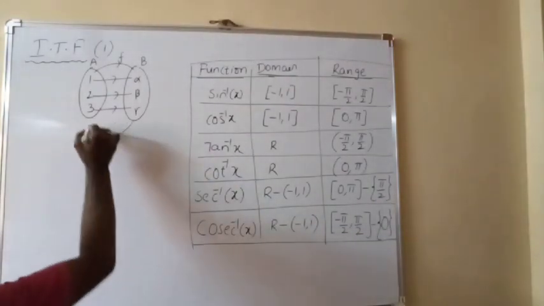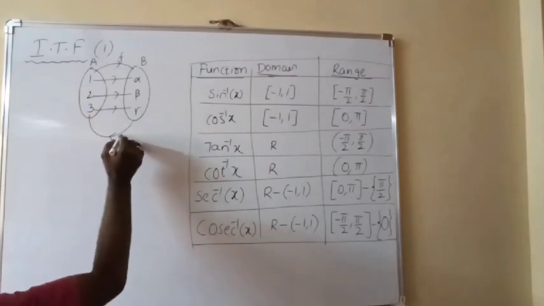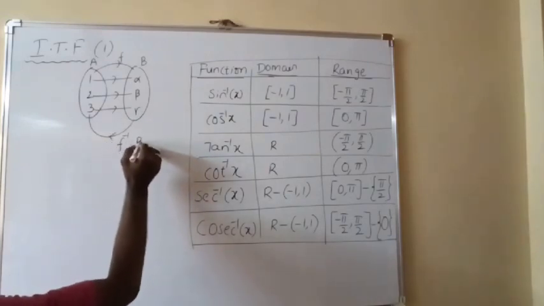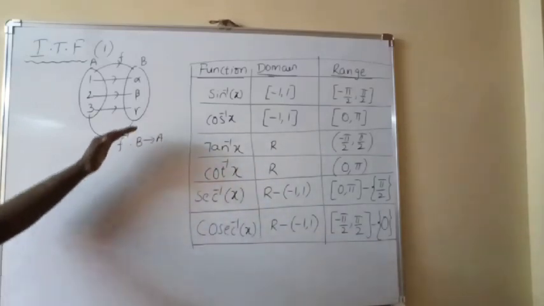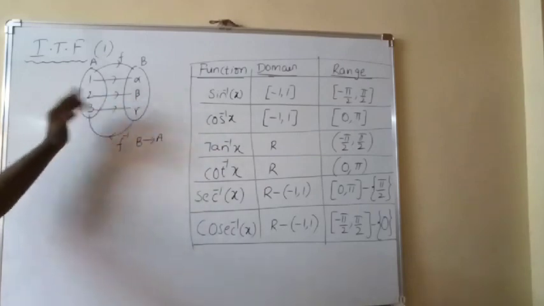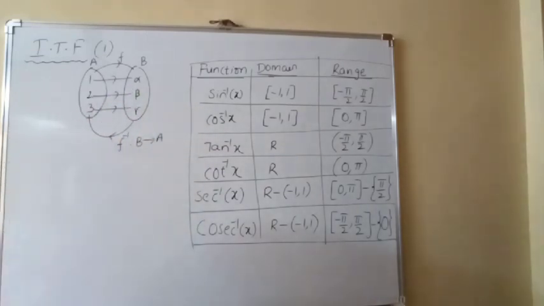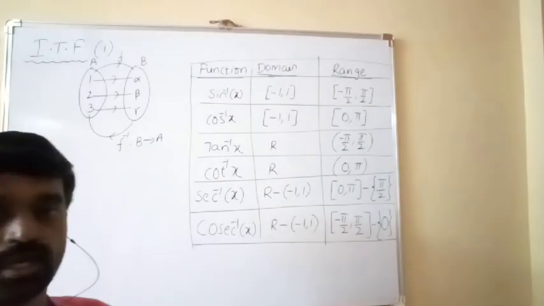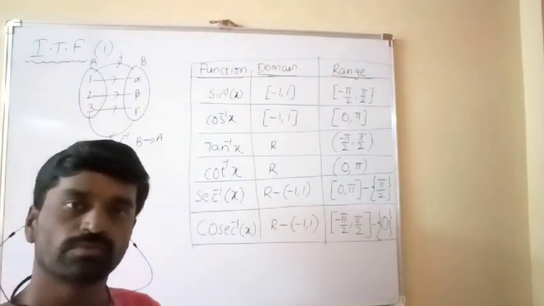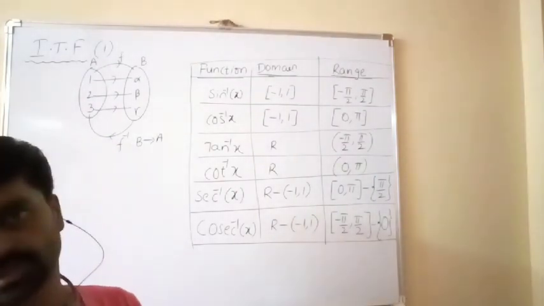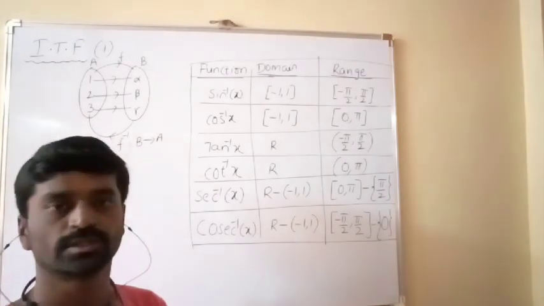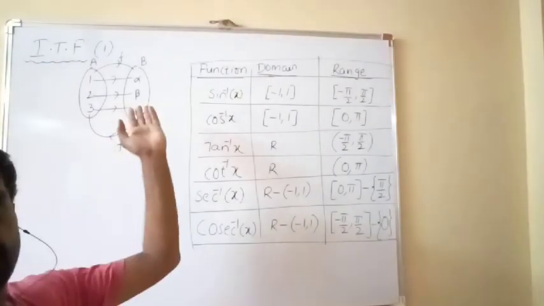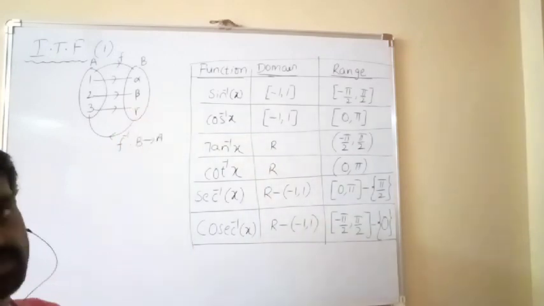If f maps from A to B, f inverse maps from B to A. Observe that f inverse is also a function, and f inverse is also bijective. That means f inverse is always an invertible function, and its inverse is the original function f itself.